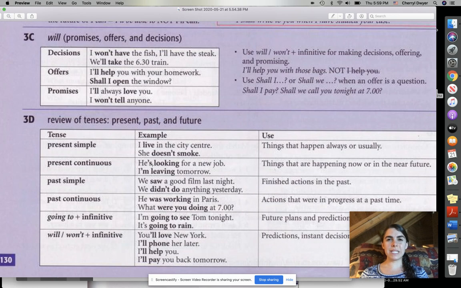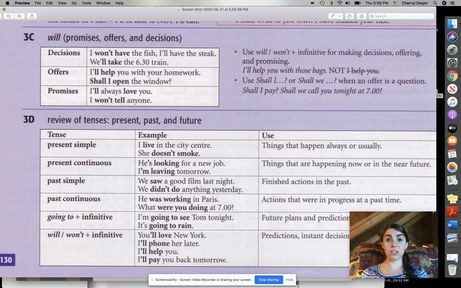Remember, for present continuous, you have the subject and then the verb to be, right? So they could have said he is looking for a new job, but they just did shorthand and said he's. And then you use your verb and ing.